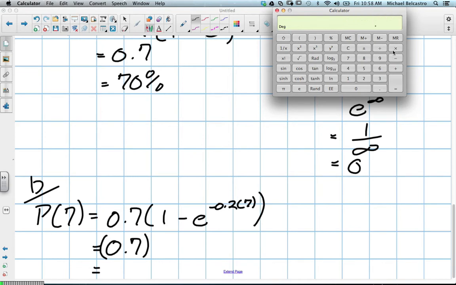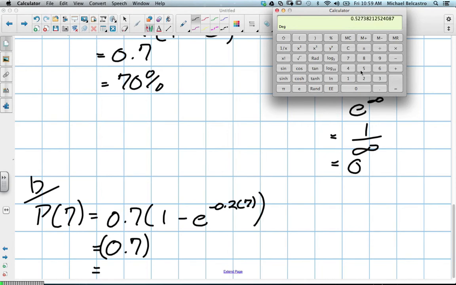Okay, and then times 0.7. I don't think that worked out properly. Also, to subtract. Whoops, sorry. 1 subtract bracket e to the power of negative 1.4, end bracket, equals, times 0.7.